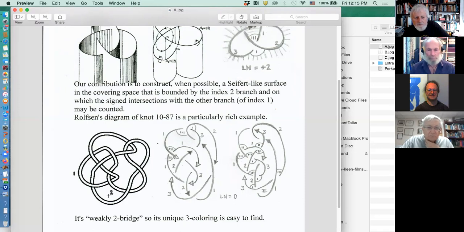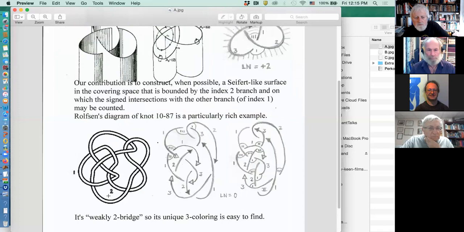The other interesting thing about doing this kind of a construction to find a co-bounding surface for the branch of index 2 is that it doesn't necessarily survive Reidemeister moves, which means that it can work for some diagrams of a knot and not work for other diagrams of a knot, which is kind of an unusual situation, if I'm not wrong, Lou, right?